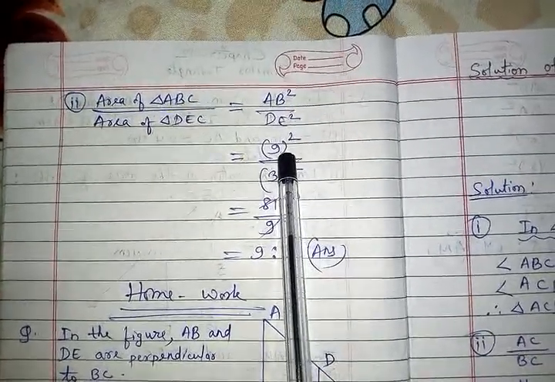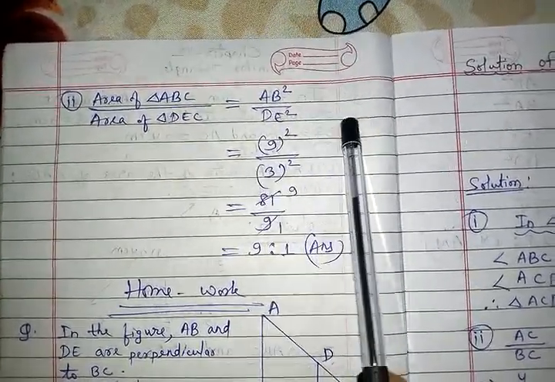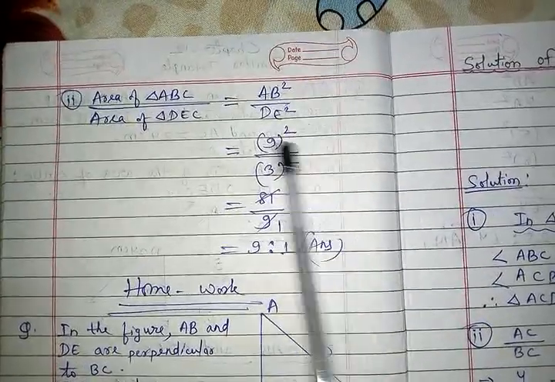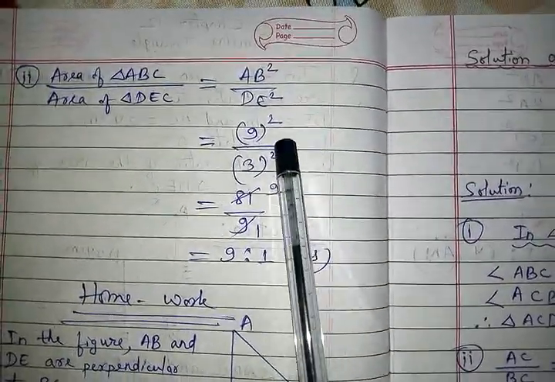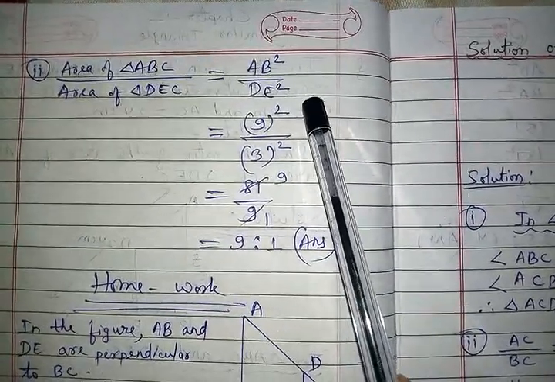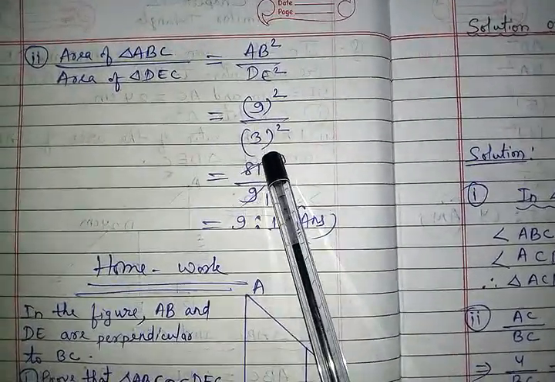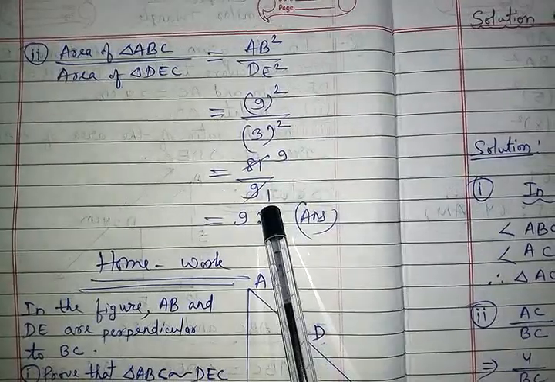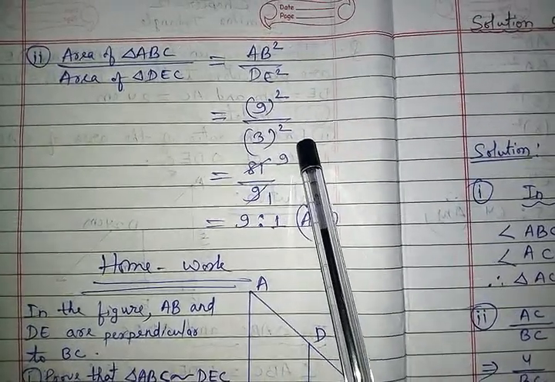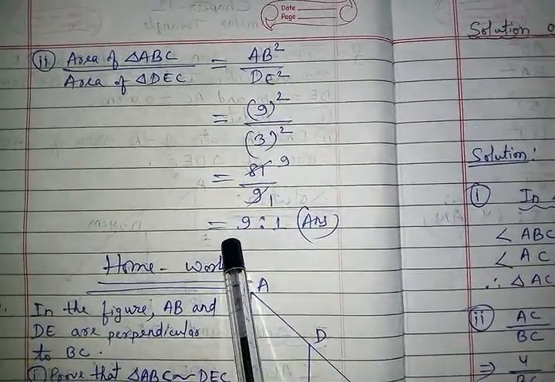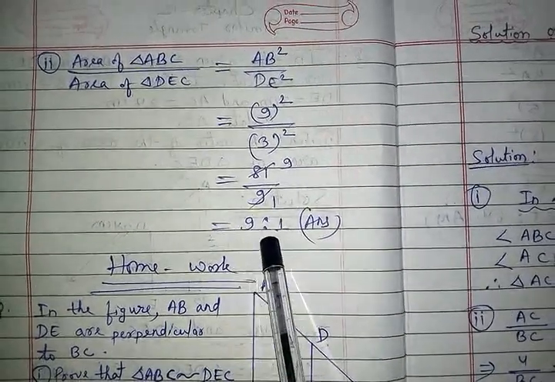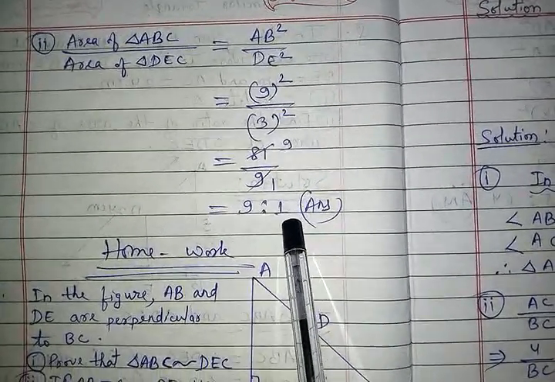AB is given as 9, so 9 square, and DE is given as 3, so 3 square. In the area formula we need to put the square of a side. So 9 square by 3 square is 81 by 9, which is 9 by 1. So our ratio will be 9:1, because in a ratio we have to mention 1 also.